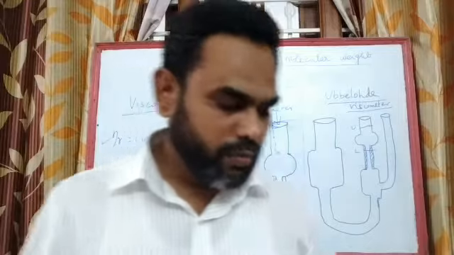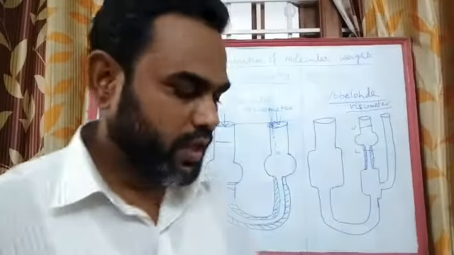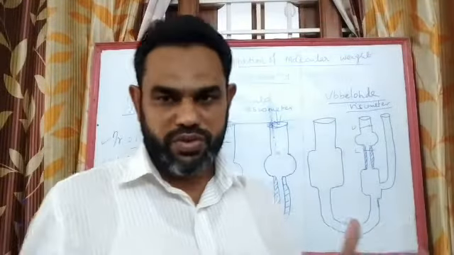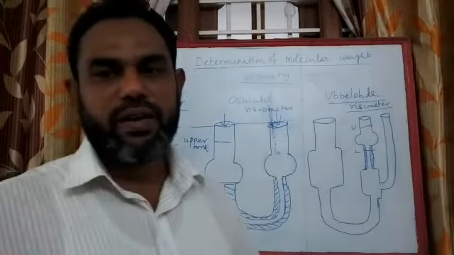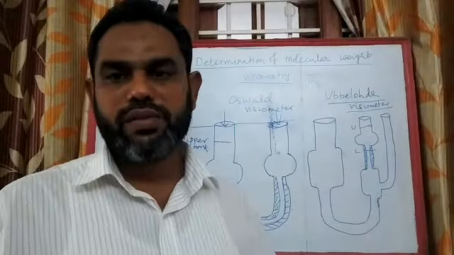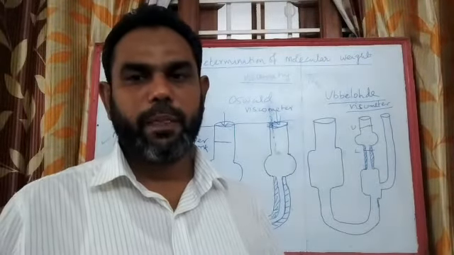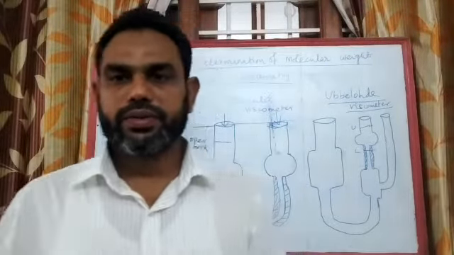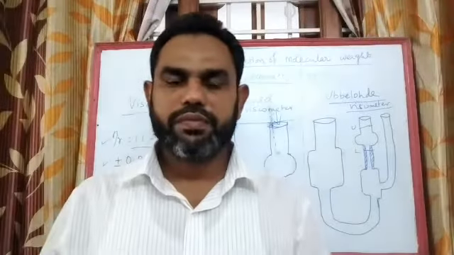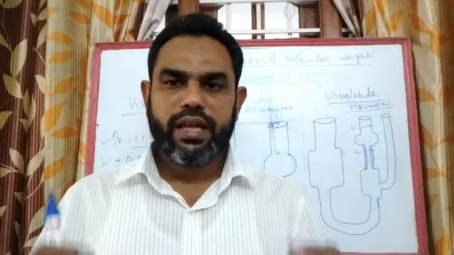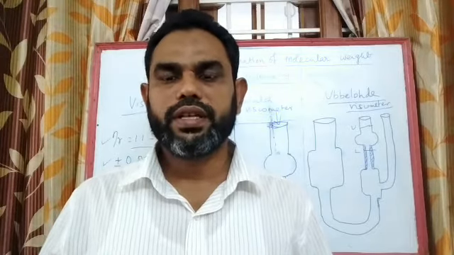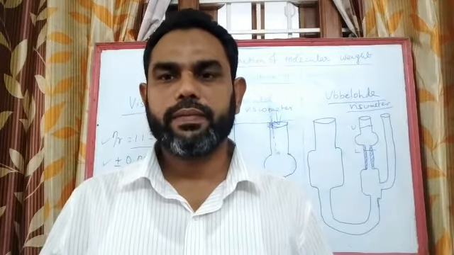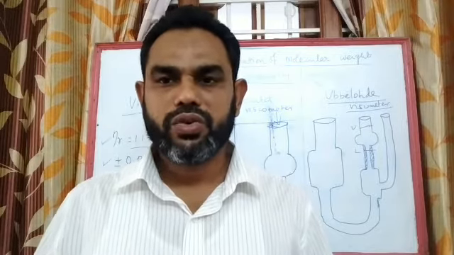Okay, so how to perform the experiment? Let me first explain the experimental procedure for determining intrinsic viscosity using an Ostwald viscometer. Before you go for the measurement, you must thoroughly clean the viscometer, free from impurities or any other polymer which was previously used in the viscometer.